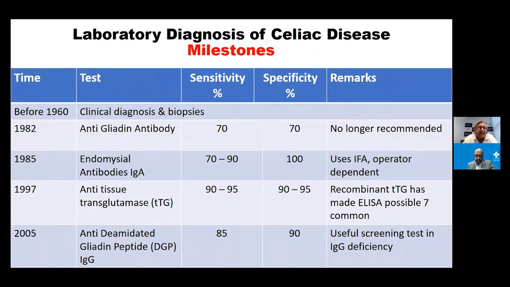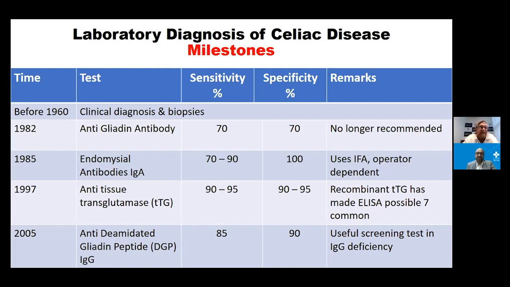Subsequently, in 1985, they found that with endomysial antibodies of IgA type using immunofluorescence, they could get good sensitivity and very high specificity because they are looking for autoantibodies.